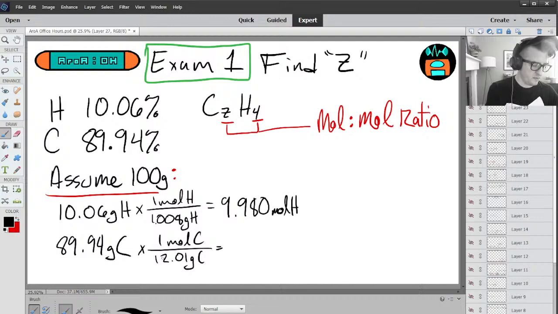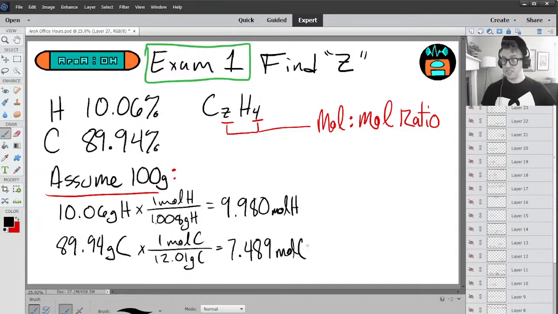So this comes out to be 7.489. We don't actually have to be that careful with sig figs here. We just need to not round them to one digit, but our answer is going to be an integer. So this is our mole to mole ratio of hydrogen to carbon.